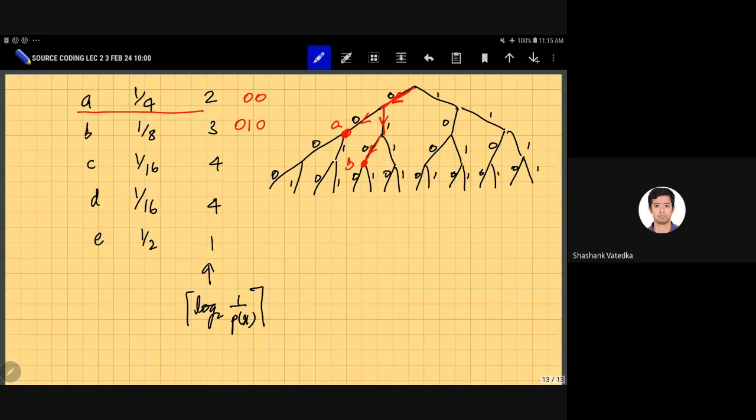Okay, so now let's look at the code word for C. Once again, I go one step to the left, one step to the right. Now I can't go to the left because that is already occupied by B. I go to the right and then to the left. So the code word for C is 0110.